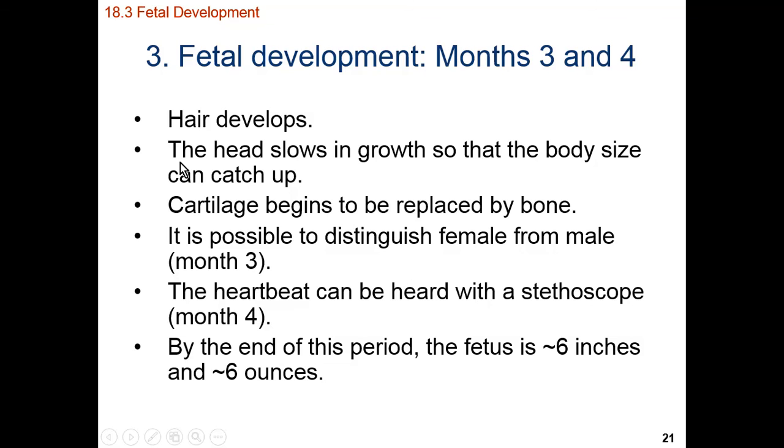At this point in time, we can start to have gender determination. We can isolate a heartbeat with a stethoscope during the 4th month after fertilization, and by the end of 4 months after fertilization, the fetus is approximately 6 inches long and weighs about 6 ounces, or a little bit over 1/3 of a pound.